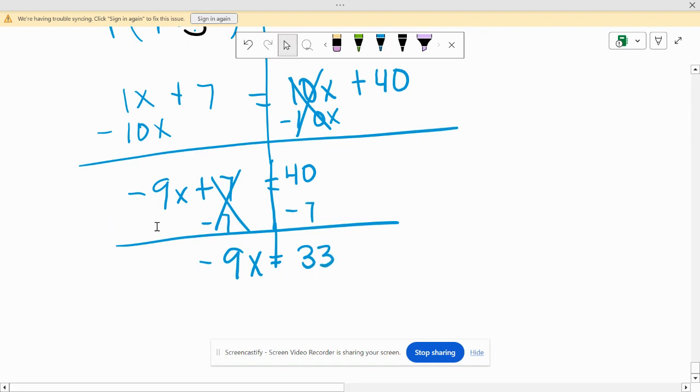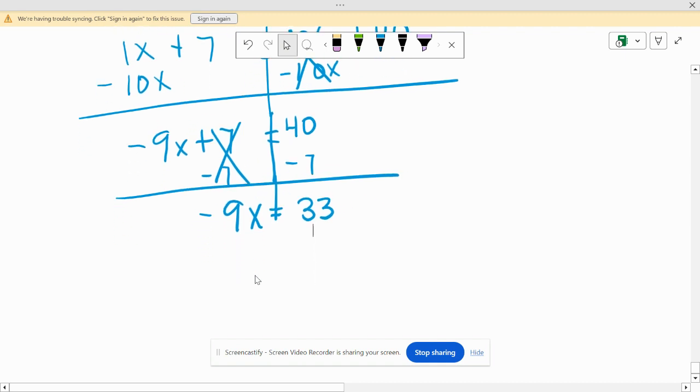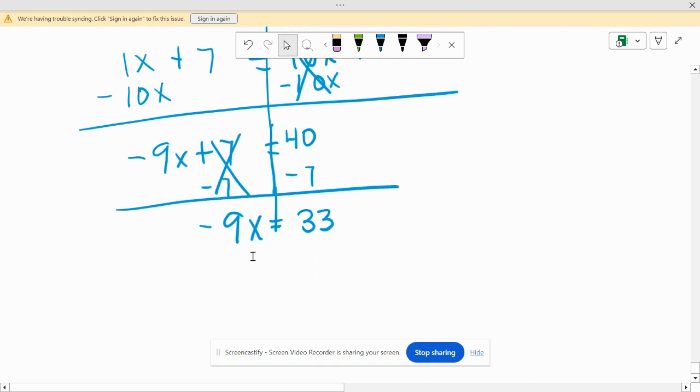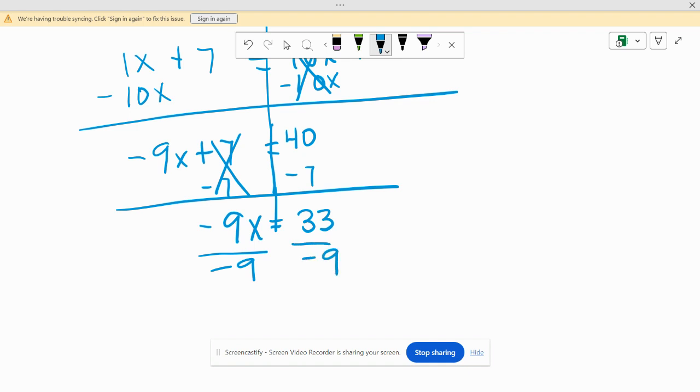33. And when I get down to this point, my last step is to divide. And I'm always going to divide by the number that's connected to the x, by that coefficient. So I'm going to divide by negative 9. And negative 9 divided by negative 9 is 1.